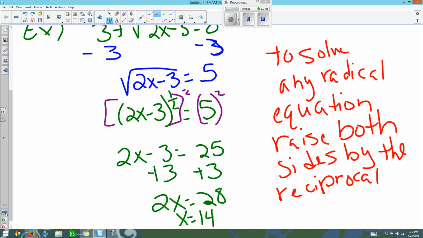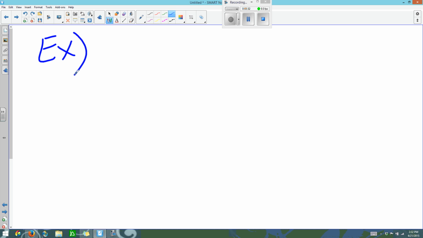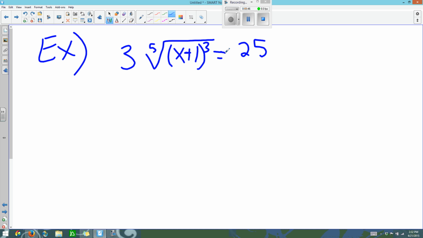Okay, so another example would be something like this. So first step, as always, divide by 3.